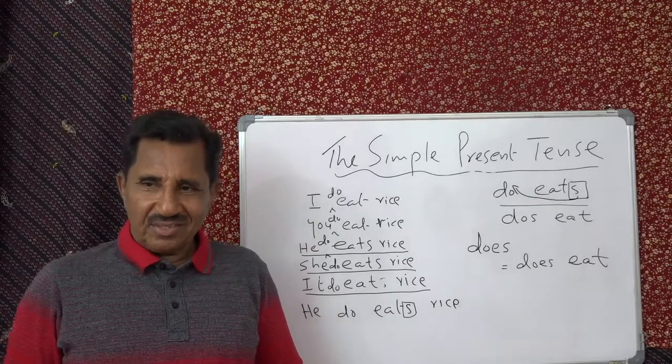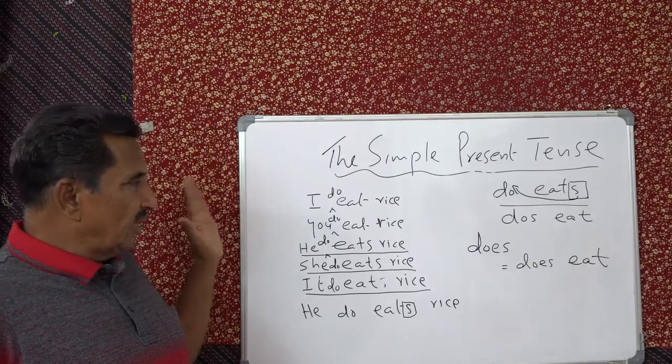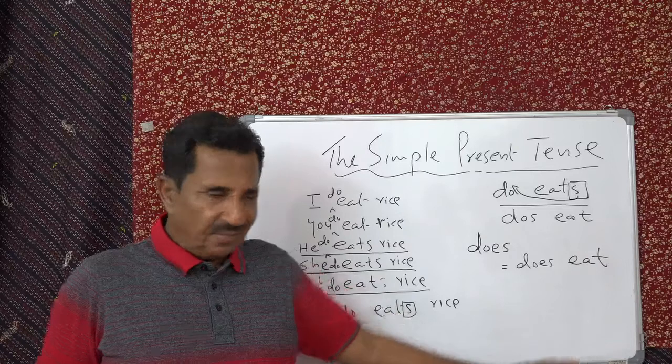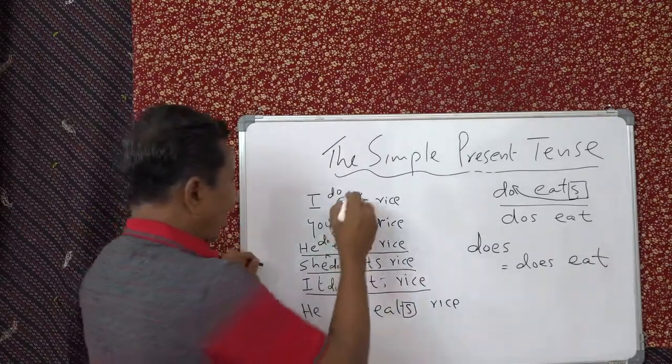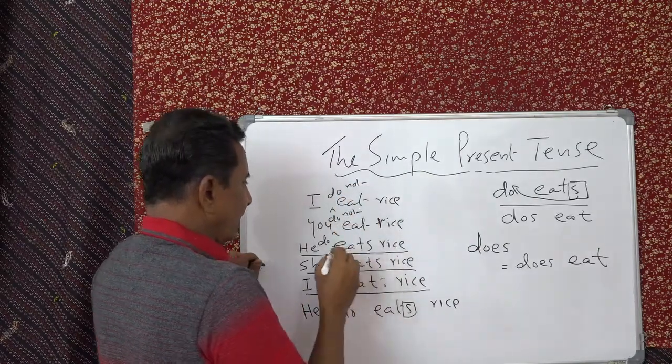Did you see how it works? So now it's very easy. You can add the negative particle not. Then it will be I do not, you do not eat.